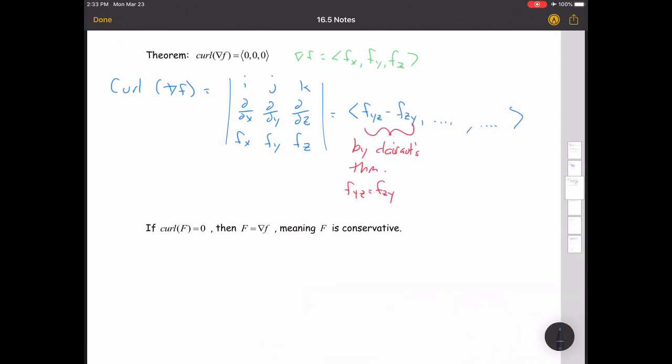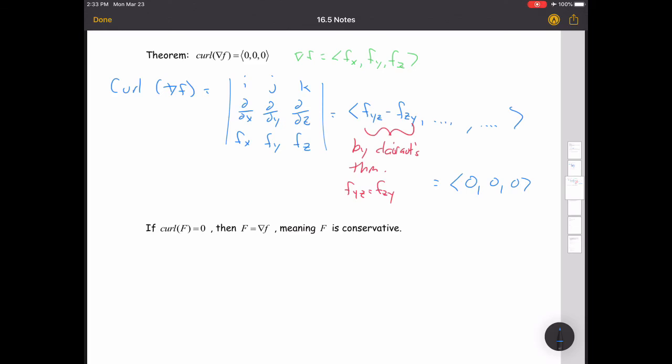It's going to be exactly the same idea. You're going to get the second partial derivatives on each one of these. So what we're going to get ultimately out of this is 0, 0, 0. You can go ahead and check the other two just to make sure that makes sense. So the curl of del f, or the curl of the partials, is going to end up giving you 0, 0, 0.